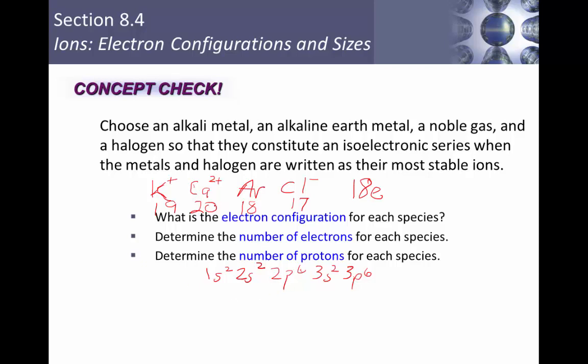I would have to say it would be this one because it's got the greatest nuclear charge, so its electron cloud is going to be pulled in. Greater attraction between the positive and negative charges. Okay, so that was just a concept check with the idea of isoelectronic series of elements or ions.